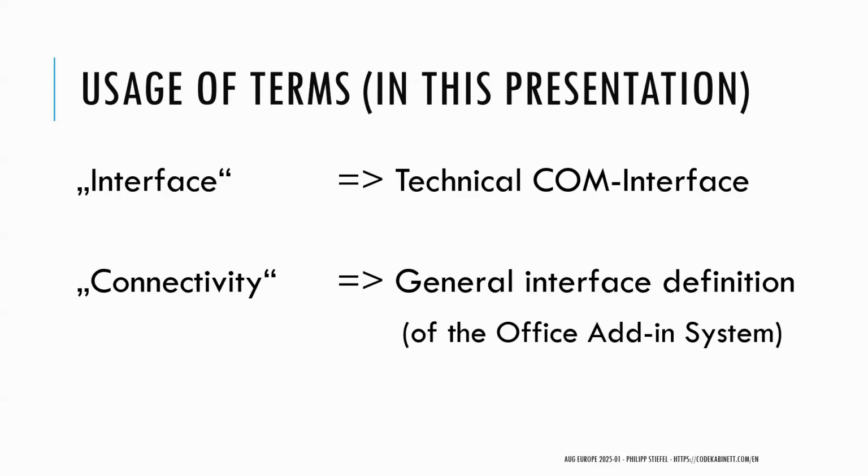To make it clearer what I'm talking about, I will use the term connectivity if I refer to the Office add-in interface system, because that is, as we will see in a minute, not really vague, but there are lots of options to do things, and if you don't do it one way, you can use an alternative. It's a softer definition of an interface, and so I will call this connectivity.